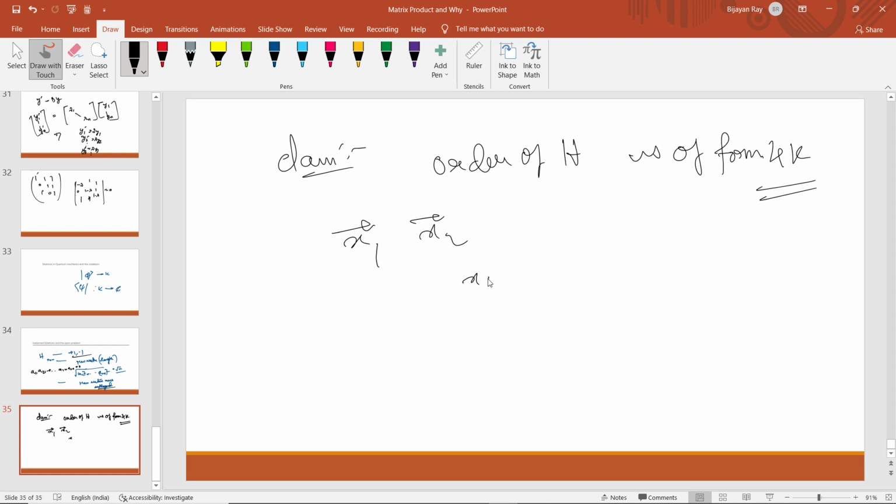So we can write x1 y1 dot x2 y2, y1 equal to x1 y1 vector plus x1 dot y2 vector.